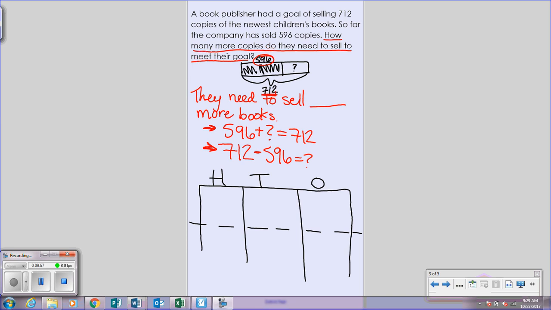expand 712. Parker, how many hundreds am I going to have in 712? No, I am not going to have 12 hundreds. 700.